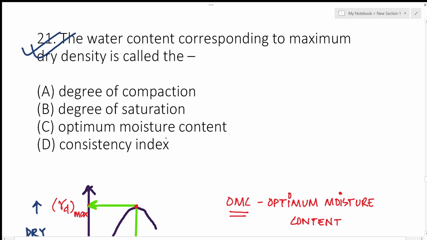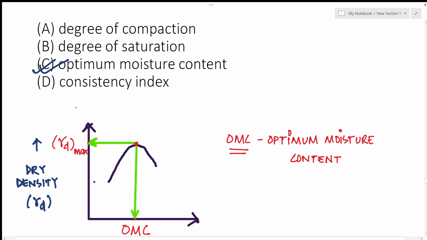The water content at which gamma d is maximum is known as the OMC, or the optimum moisture content. Also, it is given for a given degree of compaction. If the compacting effort is increased, the curve would be something like this, where gamma d would increase and the optimum moisture content would decrease.